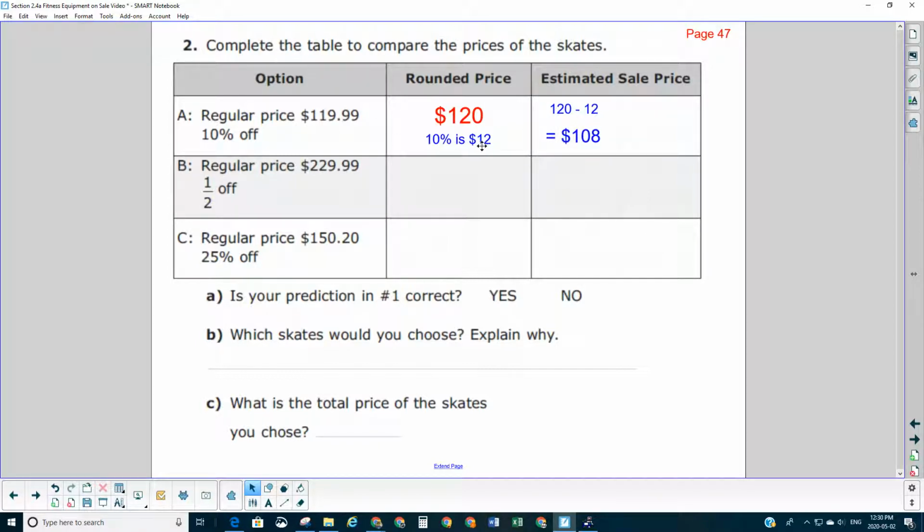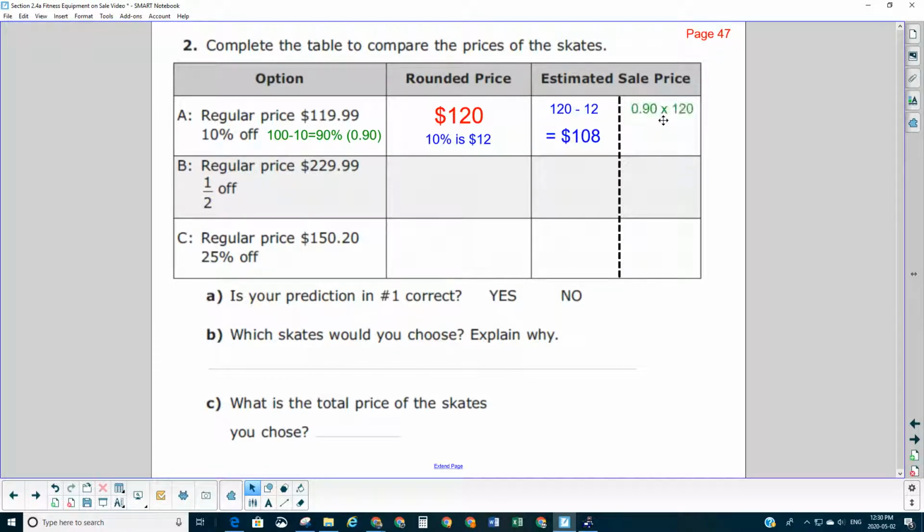This is great. This method is great because we don't necessarily need our calculator to do this estimating in the store. But I am going to show you another way. So we're going to actually answer these 2 different ways, and then you can decide which you prefer to use. So another way of imagining it, and we've done this before, in that we said, well, if you have 10% off, 100% is the full price, and you're getting 10% off, that means you have 90%. So you're going to pay 90% of this estimated price.